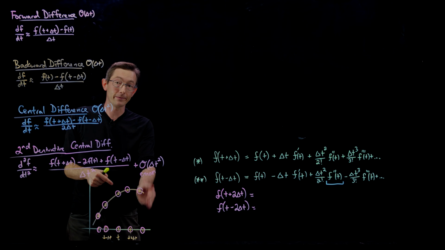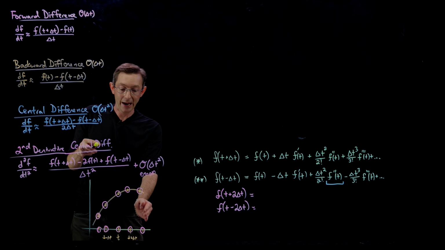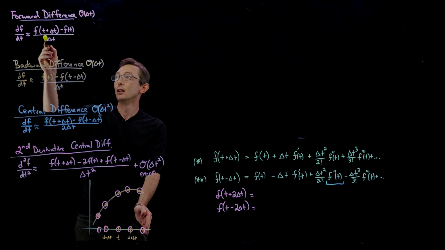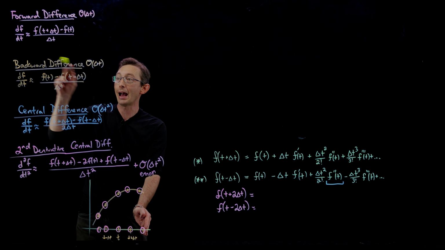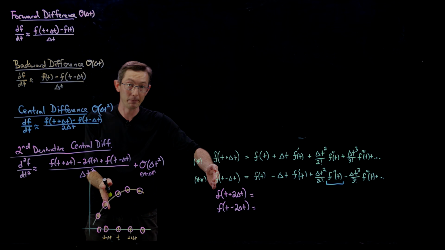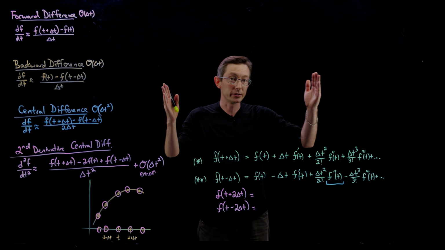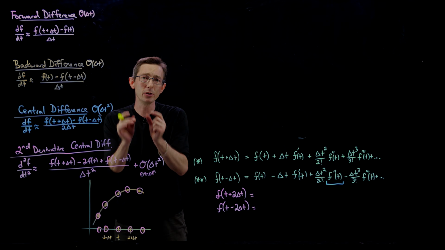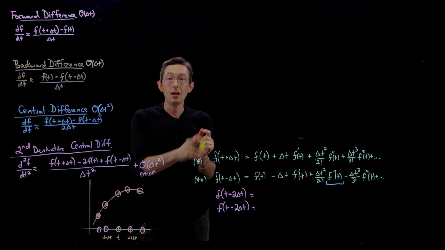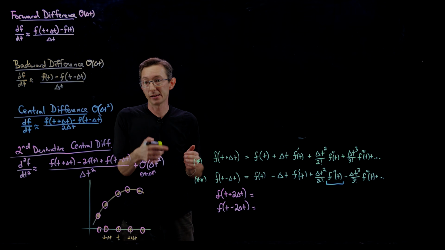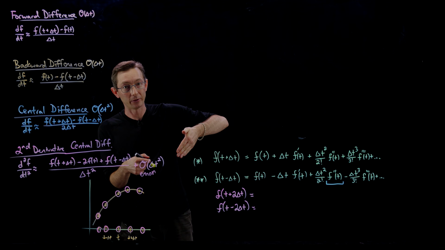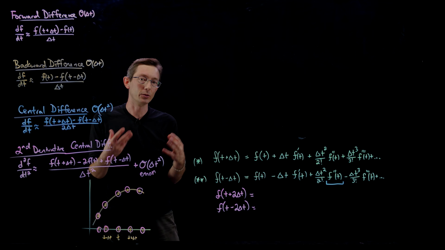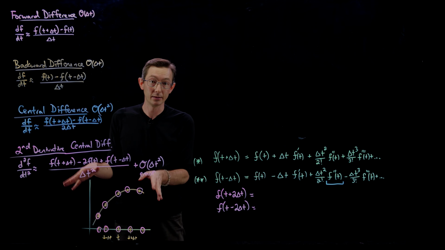And similarly, at my final terminal time point, I don't have t plus delta t, so I can't do a central difference or a forward difference. I can only do a backwards difference at my final time. So if you have historical data from some start time to some end time, you can do central difference in the middle, but on the left you have to do forward difference, and on the rightmost point you have to do backwards difference. These are real practical considerations you have to keep in mind when you're doing this on data.